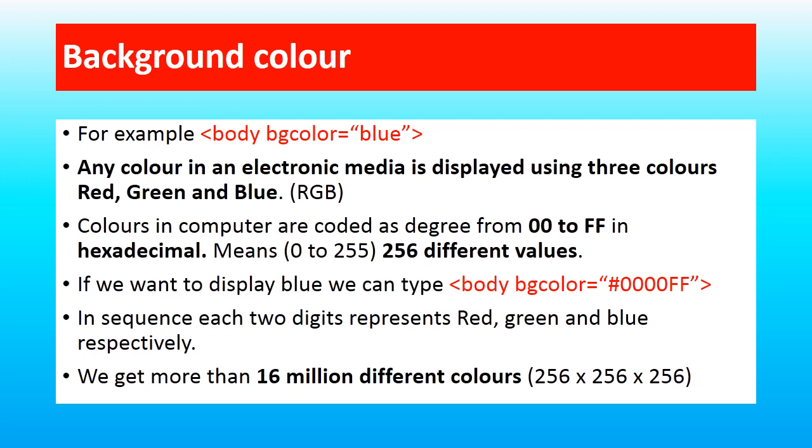That means each color, whether red or green or blue, has a quantity to form other colors that varies from 0 to 255, that is 256 different values. Hence, to represent a color, we need to build a code representing some red, some green and some blue, making it a 6-digit code.